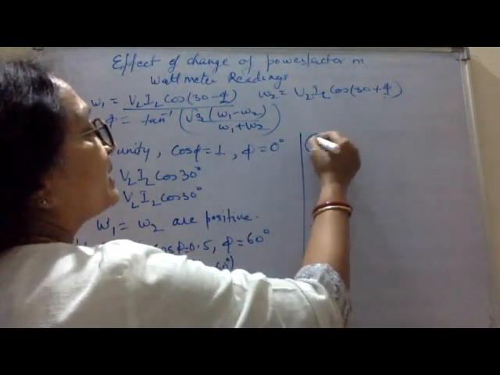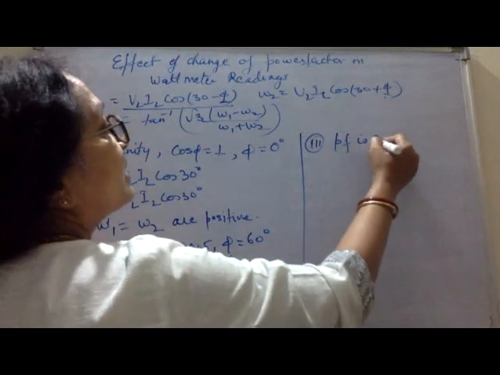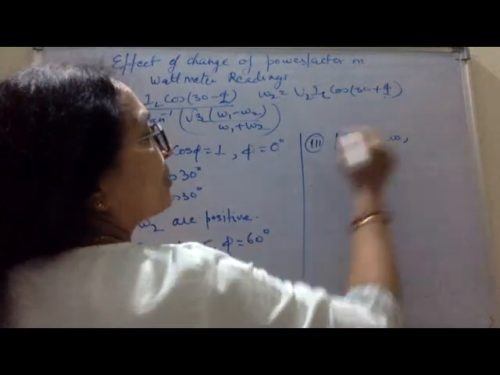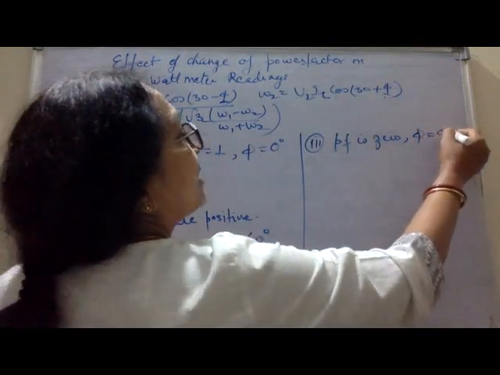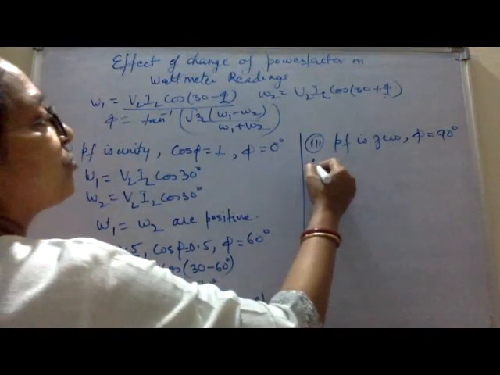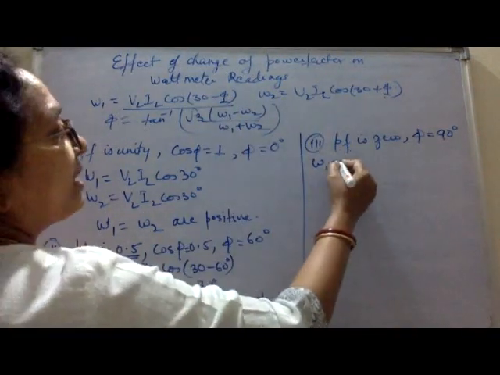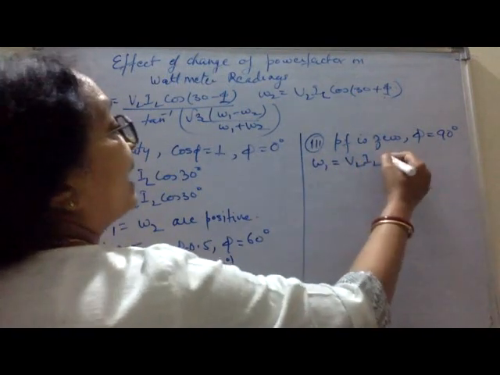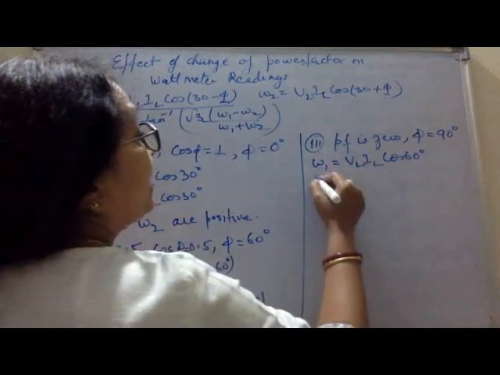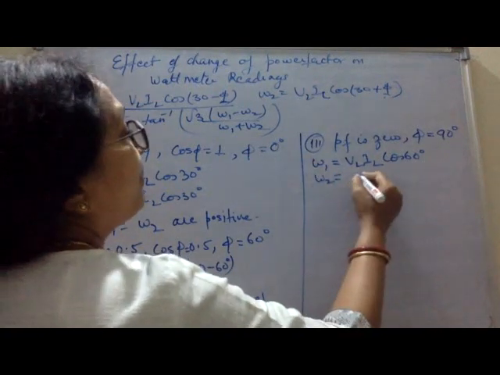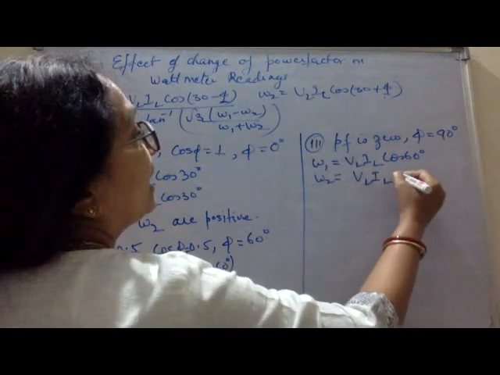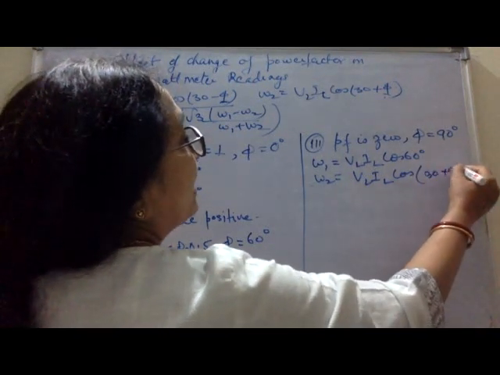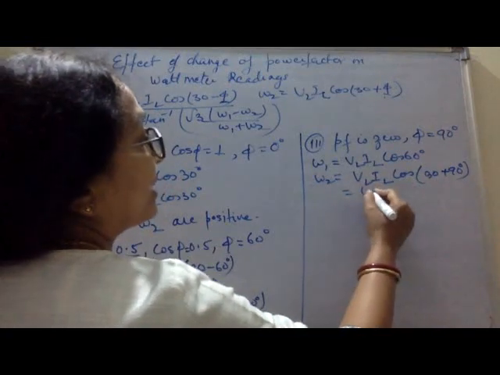Now the third case, when the power factor is 0. When the power factor is 0, it means cos phi is 0 or phi is equal to 90 degree. Now substitute phi is equal to 90 degree in W1 and W2. You will get W1 is equal to VL IL cos 60 degree and W2 will be equal to VL IL cos (30 plus 90), that is cos 120.